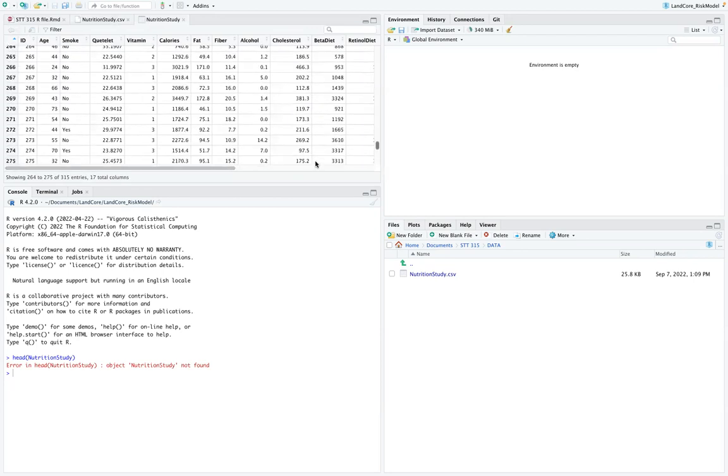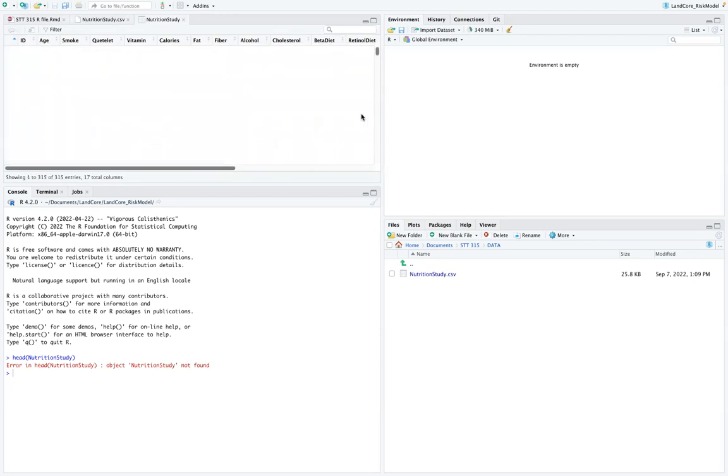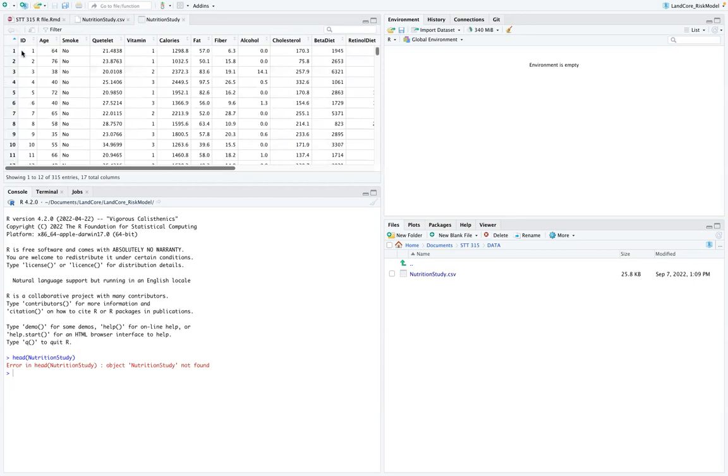So we have 315 different subjects or people, so our sample size is 315. We have their age listed, which is a numerical variable. We have if they smoke, which is yes or no, so that is a categorical variable. And then we have other variables like vitamin, calories, fat, fiber, and so on.